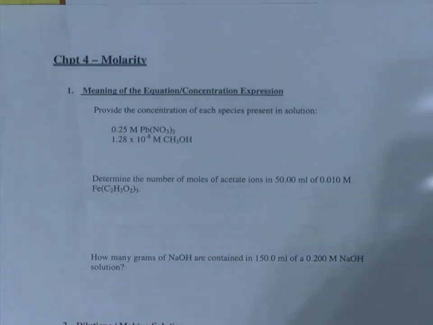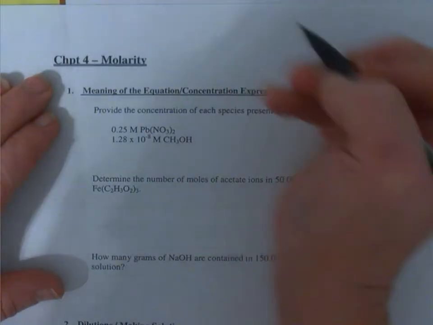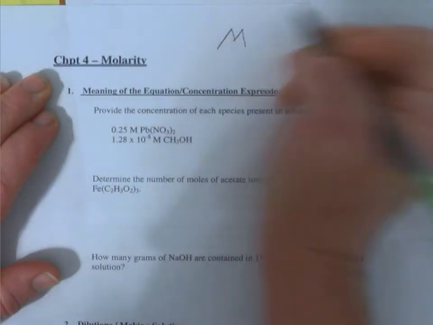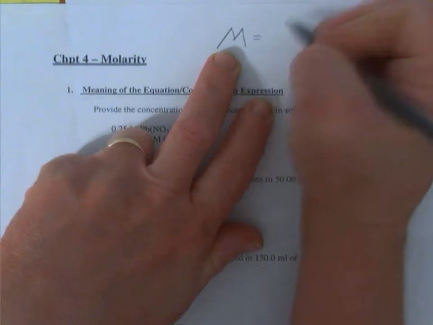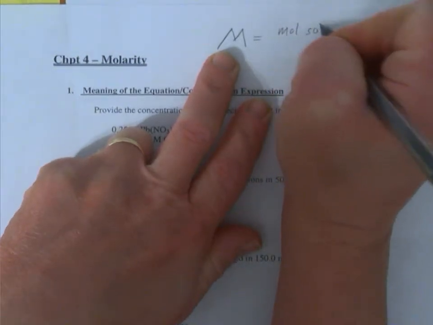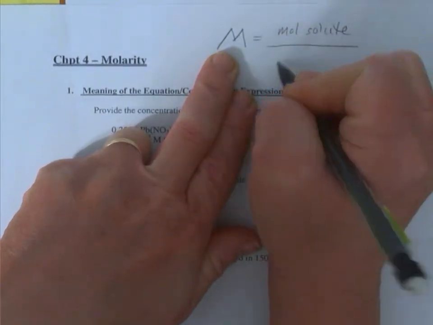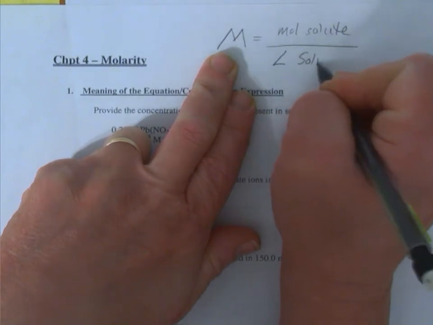Molarity is the go-to concentration expression for chemists. Molarity is represented with a capital M, and it is the moles of solute per liter of solution.